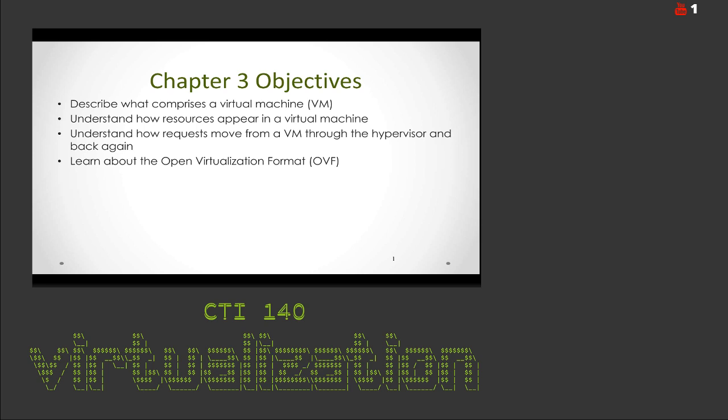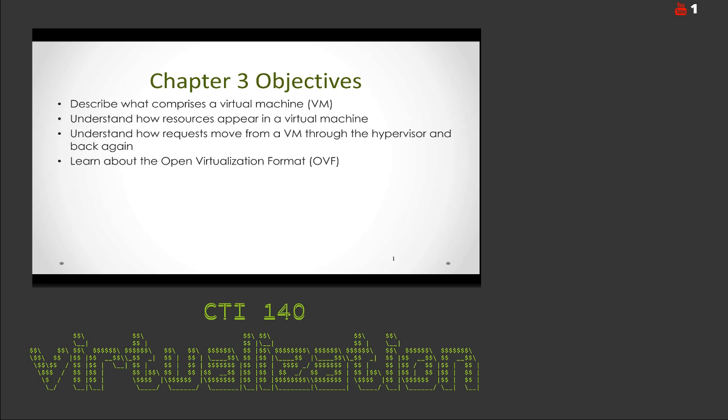We're going to look at how requests move from a virtual machine through the hypervisor and then back again. And then we're going to mention briefly the Open Virtualization Format, or OVF, just in passing as we get to that at the end of our time today.